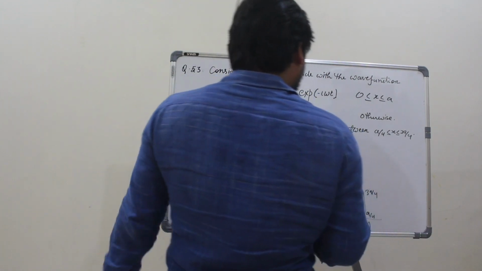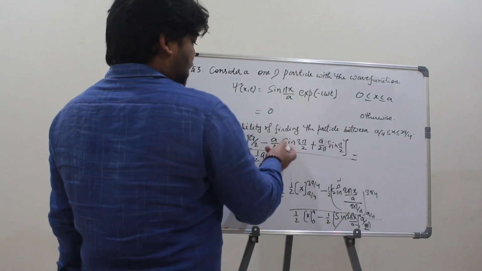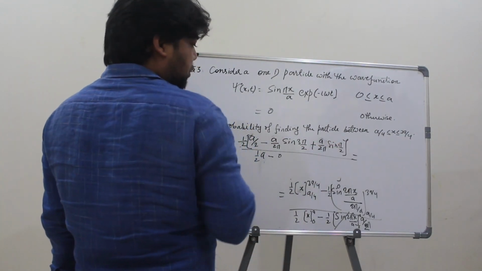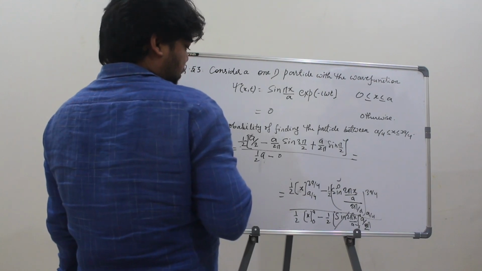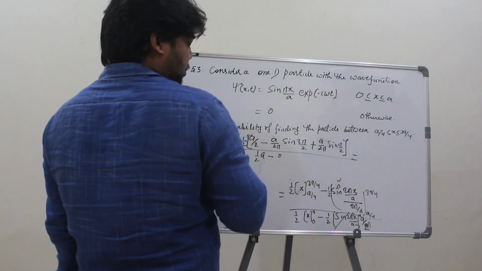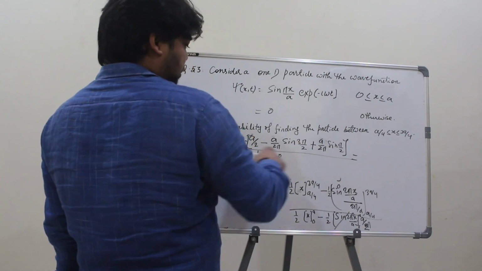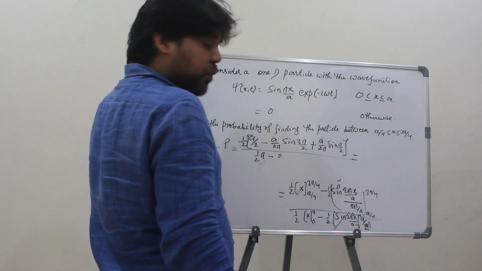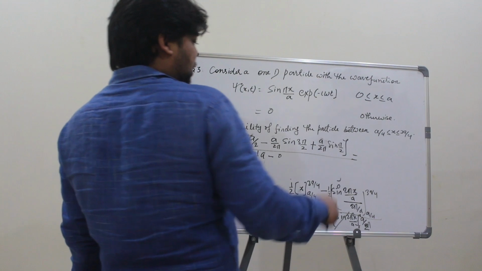So sin pi by 2 is 1, and sin 3 pi by 2 gives you minus 1.